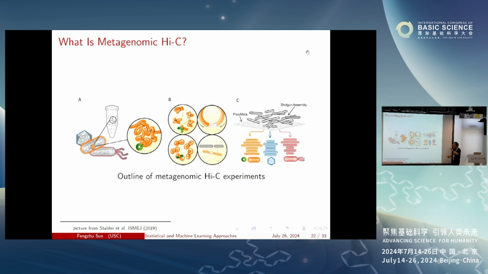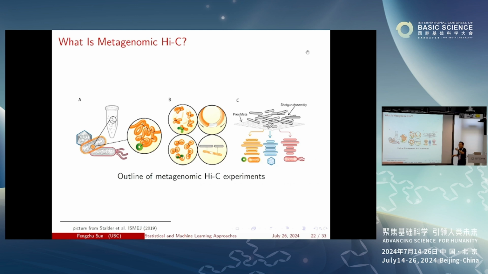Then they use restriction enzymes to cut the linked genomes, and then they wash away those that are not linked together. Then they ligate the linked ones, form them, and sequence all these short reads.